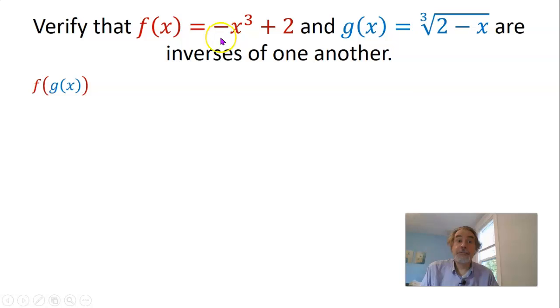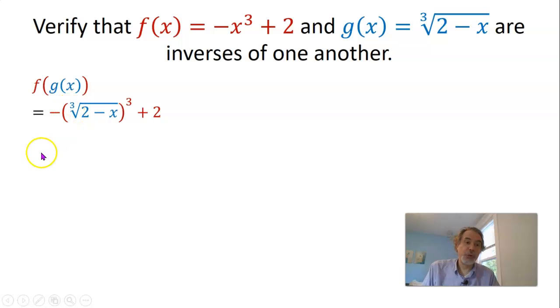Remember, f of anything would be negative anything cubed plus 2. So if the anything is g of x, which is the cube root of 2 minus x, then we're looking at negative (cube root of 2 minus x) cubed plus 2. Well, cubing undoes the cube root.